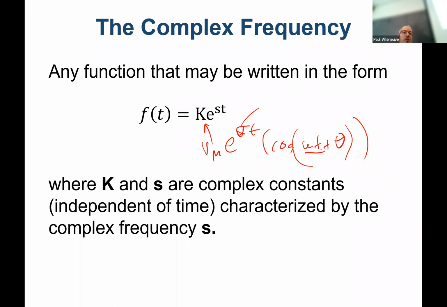The s term is usually written as s equals gamma plus j omega. That's how we make it complex, because we want to combine the decaying exponential part with the cosine part. We'll see how to combine those two in the next class.